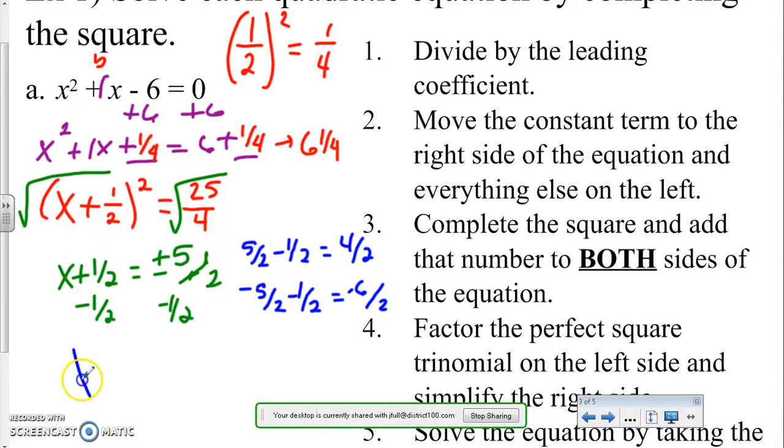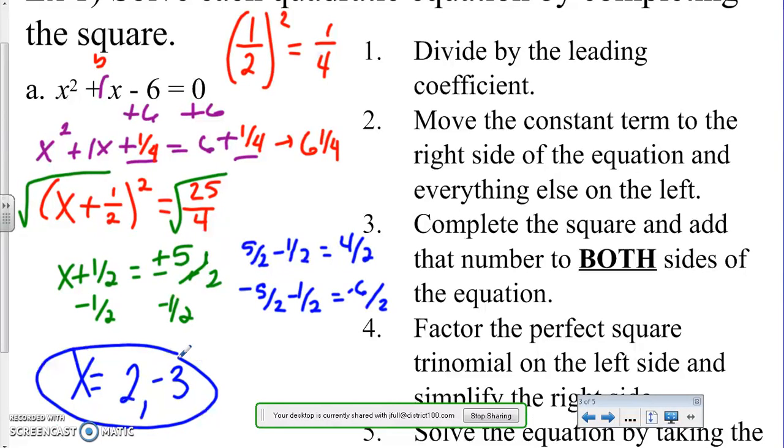So 4 divided by 2 is 2. Negative 6 divided by 2 is negative 3. Okay, kind of a messy way to go about it, but we definitely still get answers we can use. This is not the ideal method, I don't think, and we'll talk about that more as we move on throughout the unit, but you can definitely complete the square even though you have fractions in there.